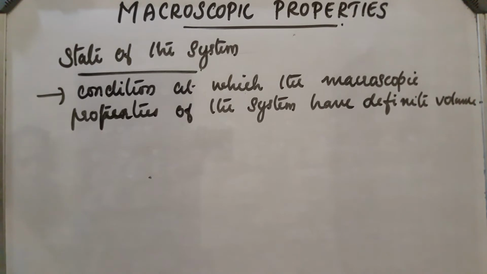At STP, standard temperature and pressure, the pressure and temperature all have standard values. So temperature and pressure have definite values. At that condition, the system is said to be in a state.